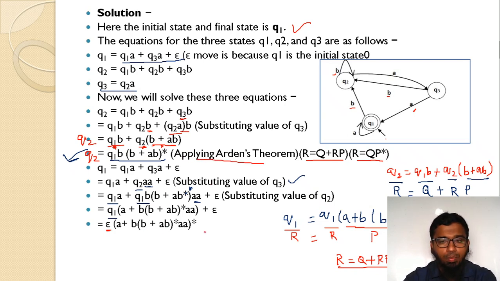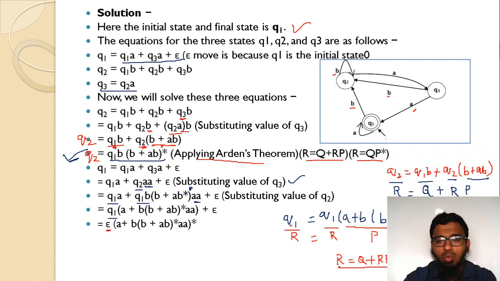I hope you understand this. Once again I will repeat, this equation is Q1 is equals to Q1 A plus B, B plus AB whole square, AA, bracket plus epsilon.